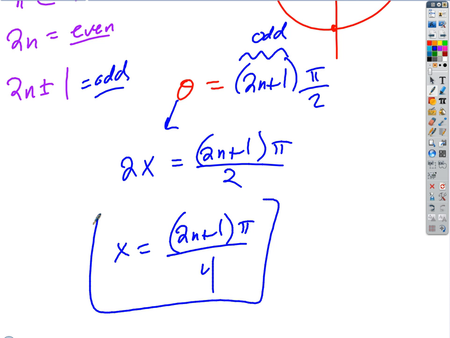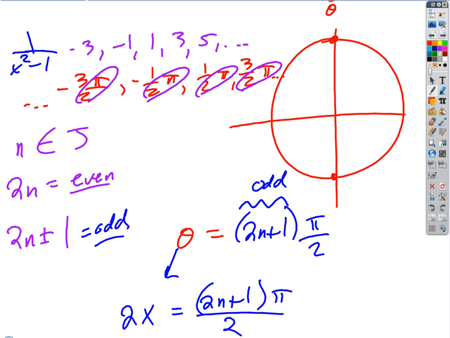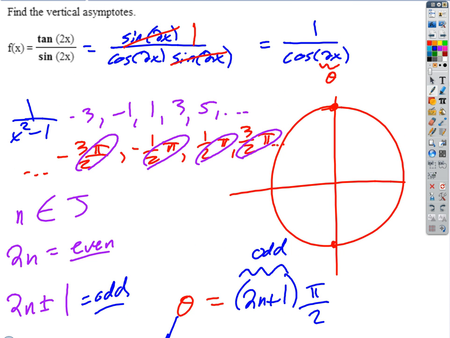So once again, there are really 2 steps. You got to do the trig part. You got to go to the unit circle and ask, where is my angle equal to, in this case, pi halves, or an odd multiple of pi halves. If it had been sine, it would have been 0, or pi, or 2 pi, which would have been n pi.